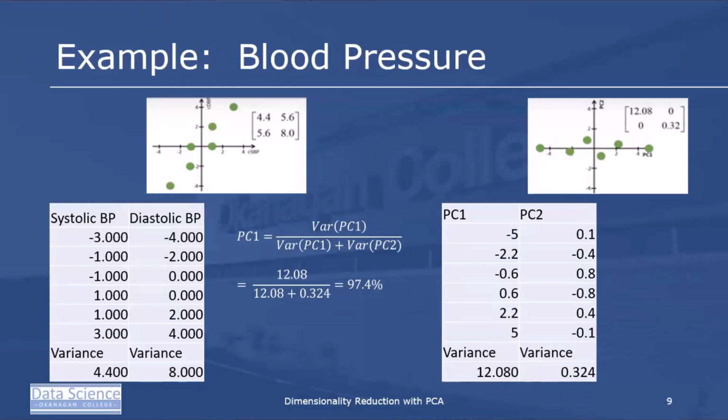The variance associated with the y-axis, PC2, is 0.324, which means that the variance we capture here is 12.08 over 12.4, or 97.4% of the variance, simply by the PC1 component. So if we eliminate PC2 in our future calculations, we get 97.4% of the variance captured simply due to that one component.